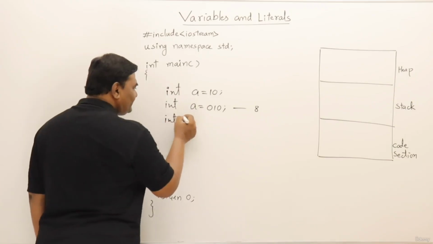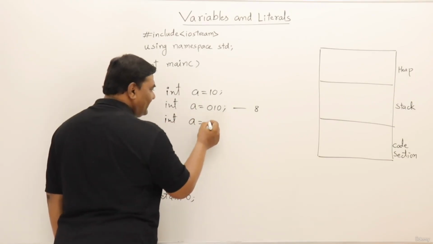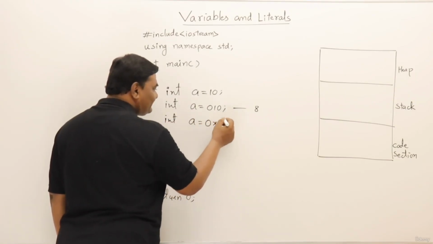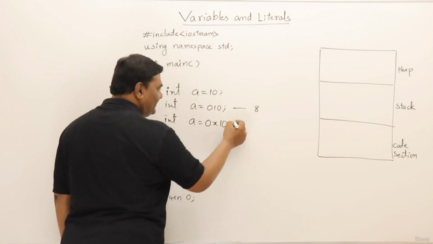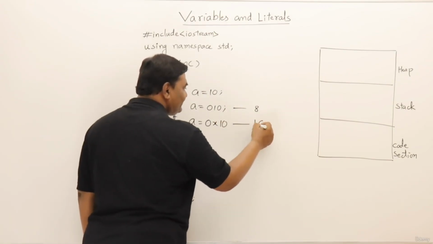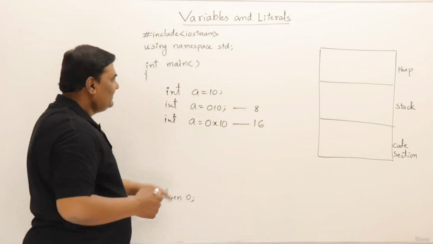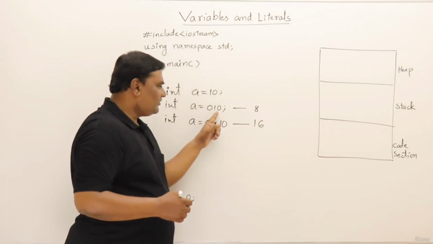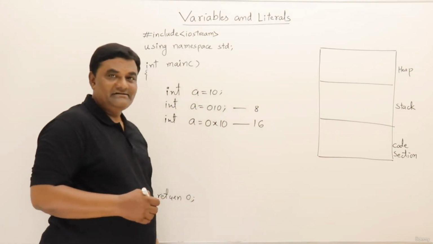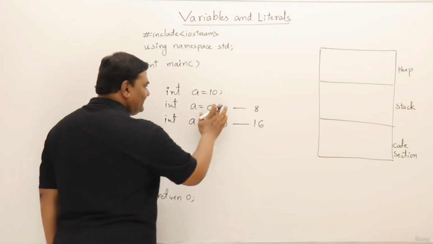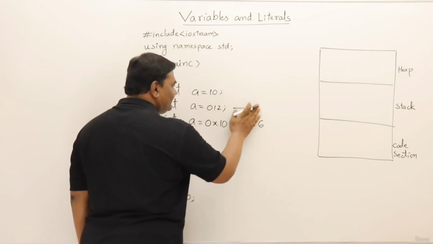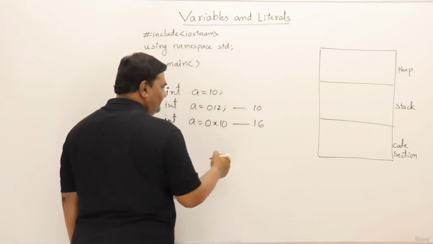Or I can also assign a hexadecimal value, that is 0x10. If I am assigning this, it will be 16 in hexadecimal form. This is a decimal number, this is an octal number and this is a hexadecimal number. Instead of 10, if I write 12, then this is 10 in decimal form.